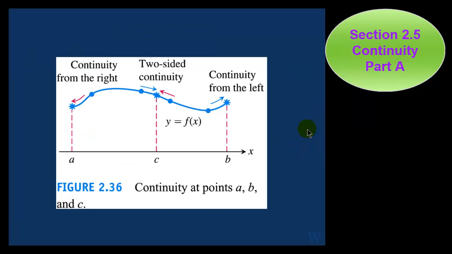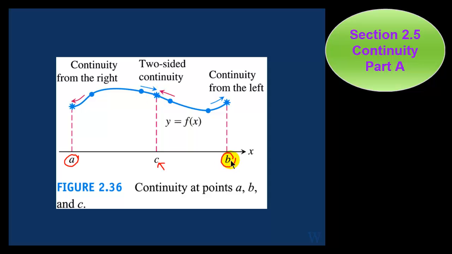So to define continuity from the previous slide and from the example, what we did is we examined the two endpoints of our domain as well as the interior. And notice that for this function f to have continuity from the right, the limit exists and it's equal to the function value. At an interior point c, the limit exists as x approaches c because the y values from the left and from the right approach f of c.